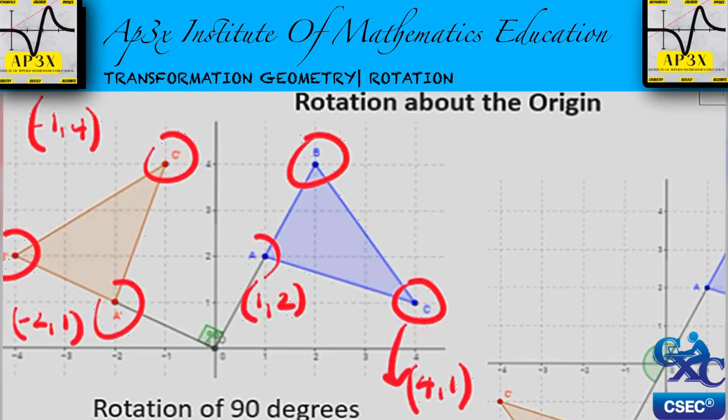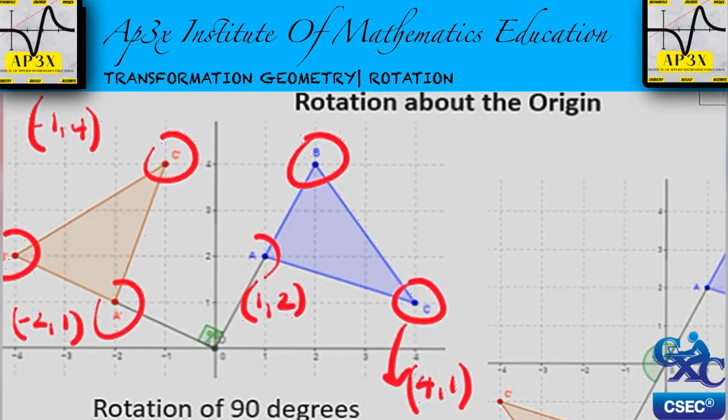That suffices to show that when a rotation of 90 degrees anti-clockwise takes place, there's an interchange in the point and the y ordinate value will change. Bear in mind that you're going to find most textbooks talking about an anti-clockwise rotation.